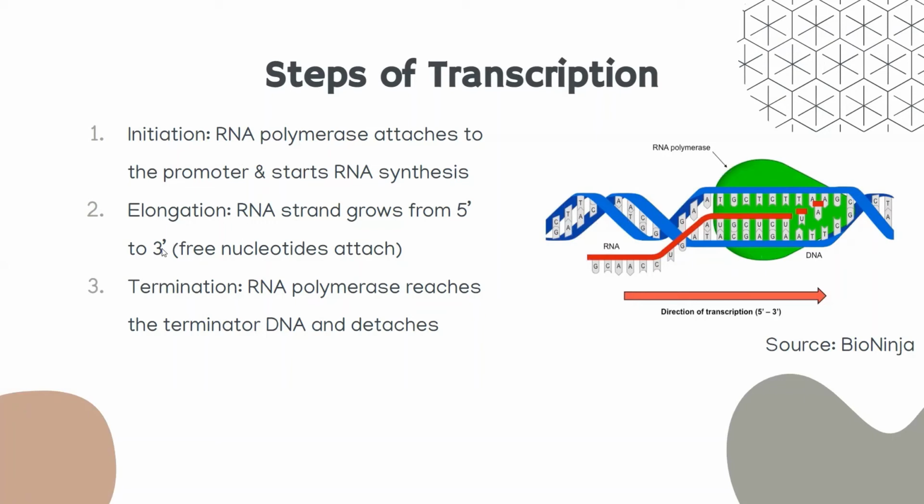Elongation is making it longer: the RNA strand grows from 5' to 3'. Free nucleotides attach through the function of polymerase, and as you can see here, these free nucleotides floating around attach to form a pair. Termination is when RNA polymerase reaches the terminator DNA and detaches. Since RNA polymerase is an enzyme, it will be used over and over again for further rounds of transcription.